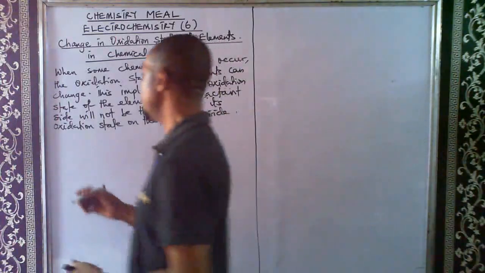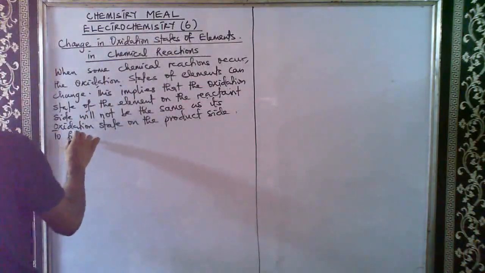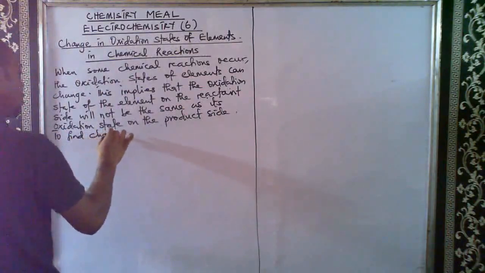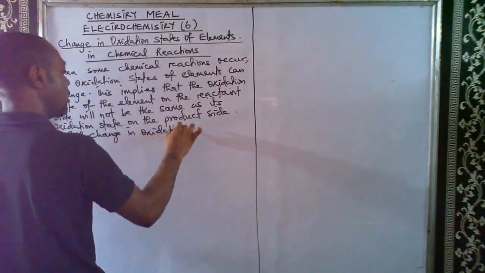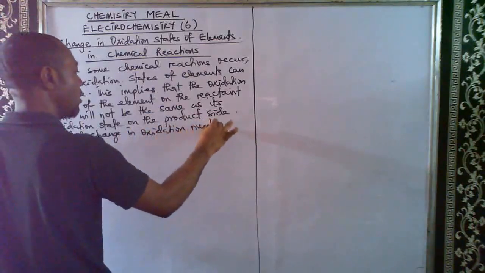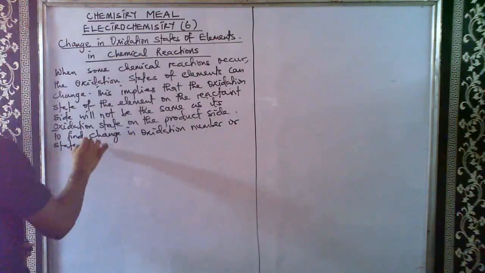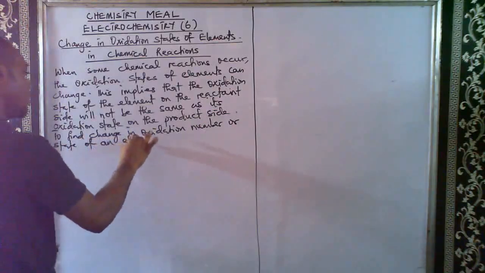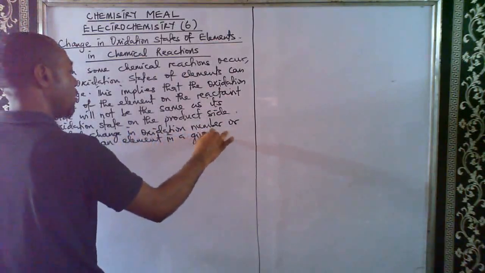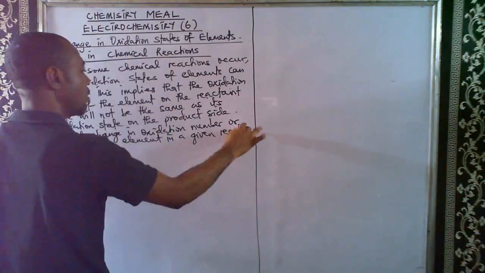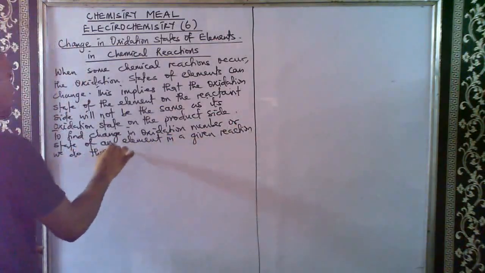To find the change in oxidation state, or oxidation number, of an element in a given reaction, we do the following.